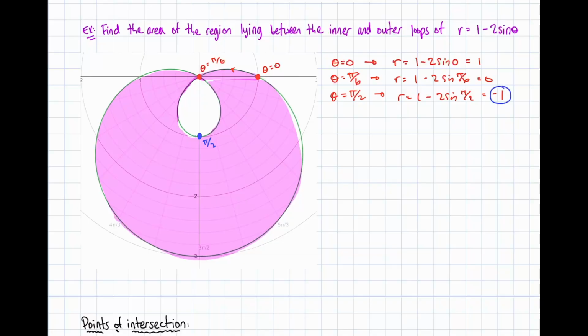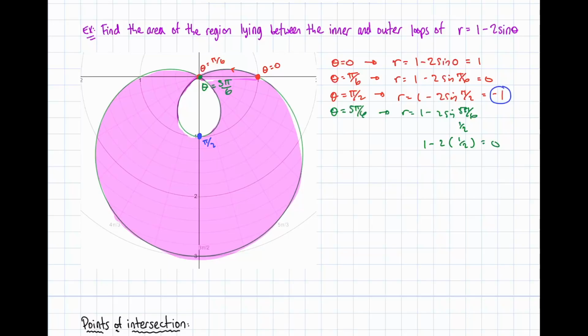Do I get back to 0 somehow? Let's see. If theta equals 5 pi over 6, that means r equals 1 minus 2 sine of 5 pi over 6. Sine of 5 pi over 6 is positive 1/2, so I get 1 minus 2 times 1/2, so I'm back to 0. So this angle right here on the underside is 5 pi over 6, which is great.